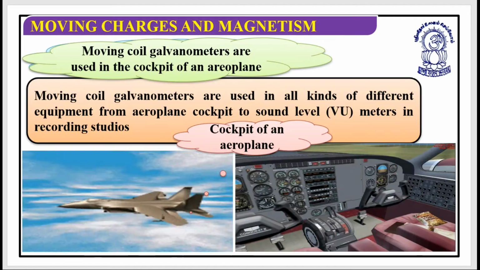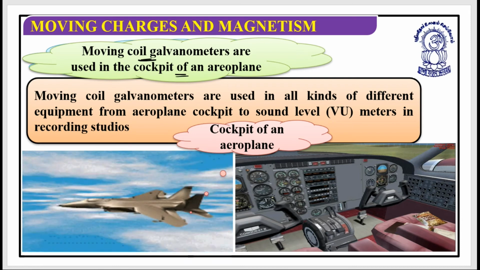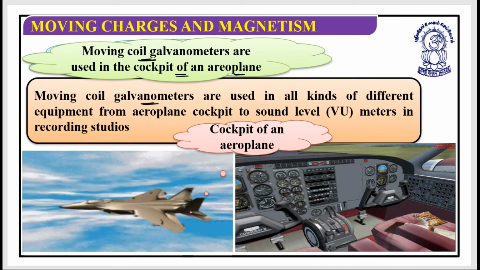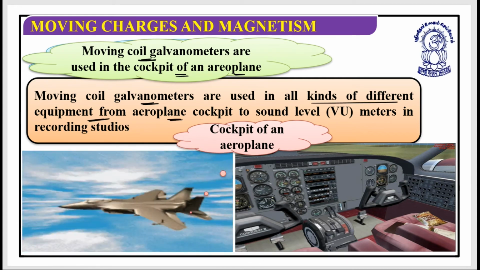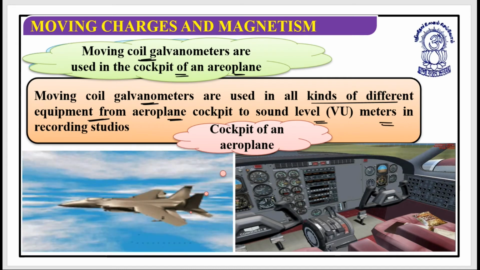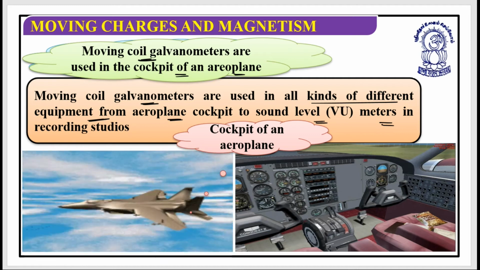Now, moving coil galvanometers are used in the cockpit of an aeroplane. MCGs are used in all kinds of different equipment, from aeroplane cockpits to sound level meters in recording studios. So it has very wide applications.